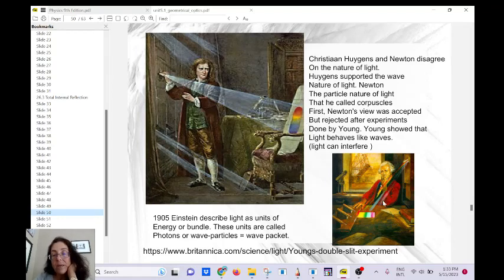And this is William Herschel, and he got the idea to have a thermometer next to the red, here, that's red, and here you have infrared, and he was able to show that the temperature shown by the thermometer will go up.